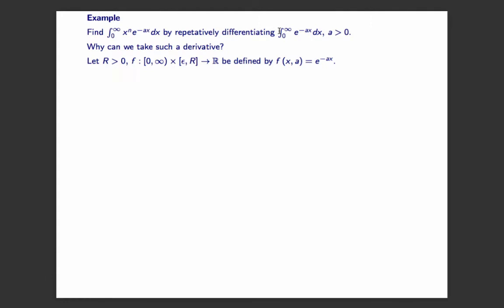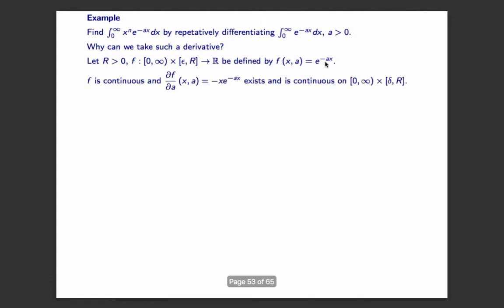This is an integral with respect to x, so I want to take a derivative with respect to a in order to get this, but I have to justify that action. Well, f is clearly continuous on my half strip, and the derivative of f with respect to a is negative x times e to the negative ax, right? Negative x times little f, so the product of two continuous functions, so it exists and is continuous on my half strip.